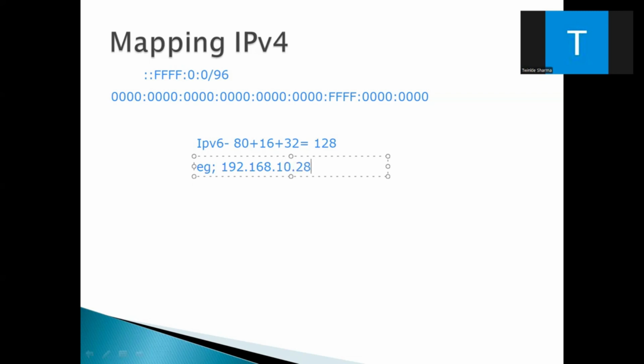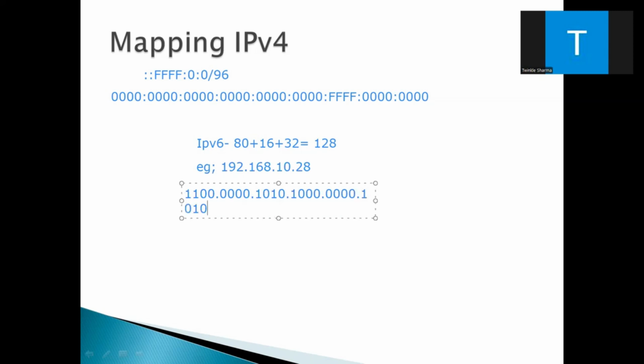Okay. Example: 192.168.10.28 in binary. We can say 11000000.10101000.00001010.00011100.